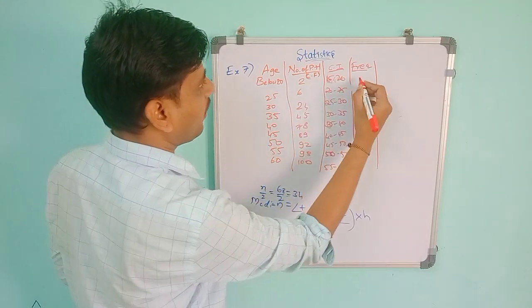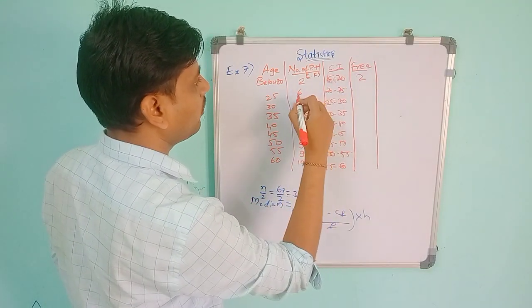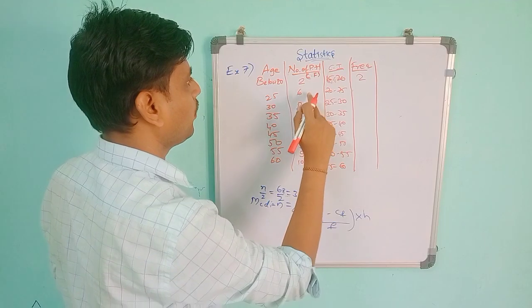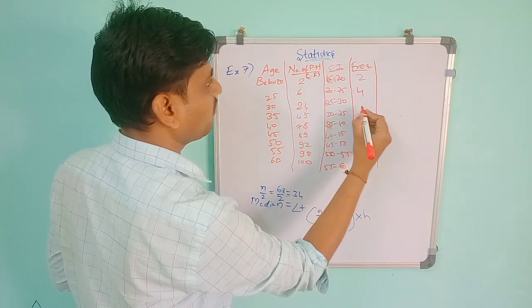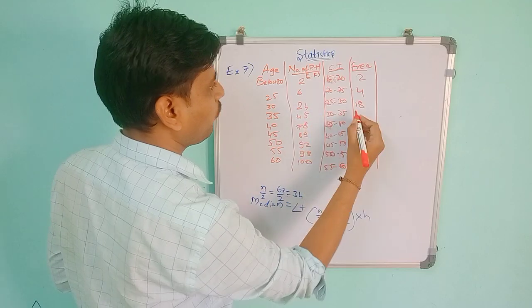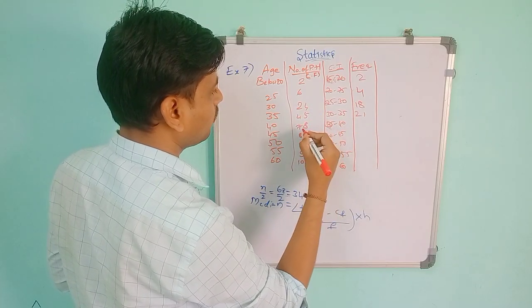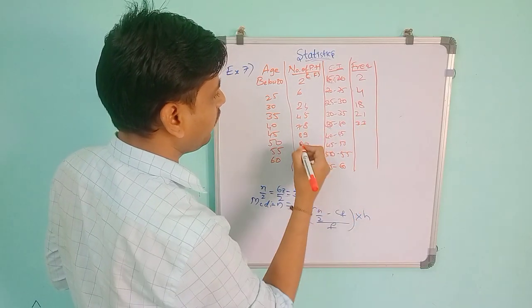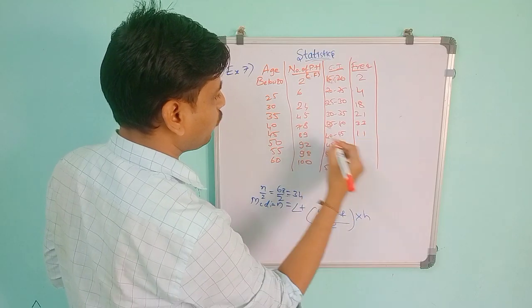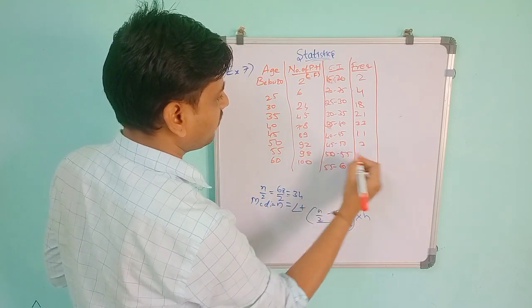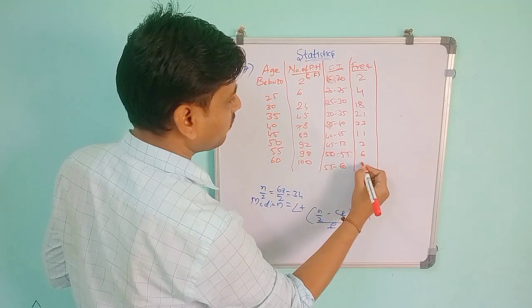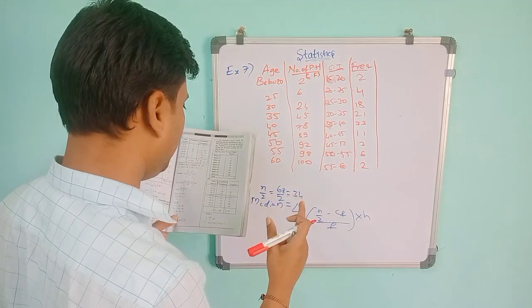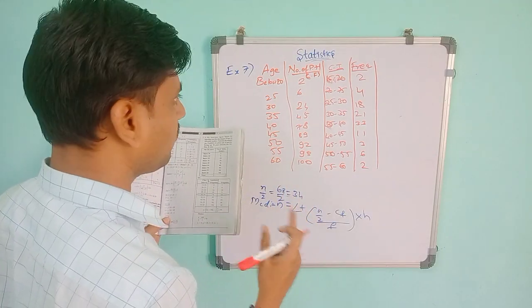The first number stays the same, 2. Then subtract the upper number from the lower one: 6 minus 2 is 4, 24 minus 6 is 18, 45 minus 24 is 21, 78 minus 45 is 33, 89 minus 78 is 11, 92 minus 89 is 3, 98 minus 92 is 6, 100 minus 98 is 2. So the frequencies are 2, 4, 18, 21, 33, 11, 3, 6, 2.